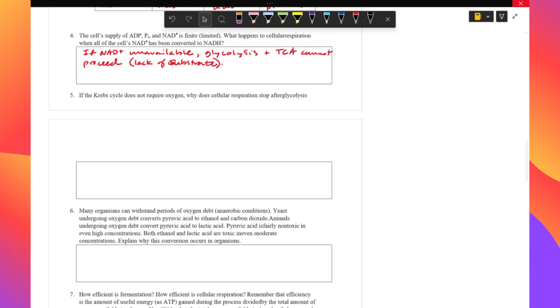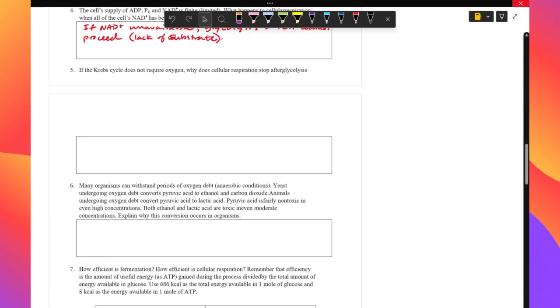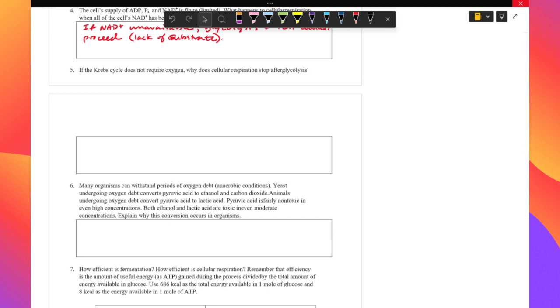So when no oxygen is present, oxidative phosphorylation cannot occur, and as a result, the NADH produced in glycolysis and the Krebs cycle can't be oxidized back to NAD+. When no NAD+ is available, pyruvate cannot be converted to acetyl-CoA, which is required for the Krebs cycle.